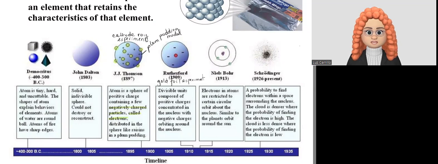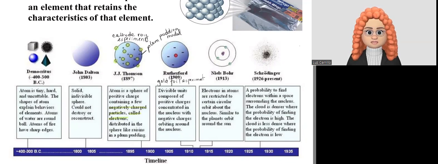What Rutherford tried to do is to actually say, is it that we have a positive dense area, or are these subatomic particles that we know to date, which are called protons, neutrons, and electrons, more localized in an atom? So via the gold foil experiment, he saw that the indivisible units composed of positive charge were concentrated in the nucleus of an atom.